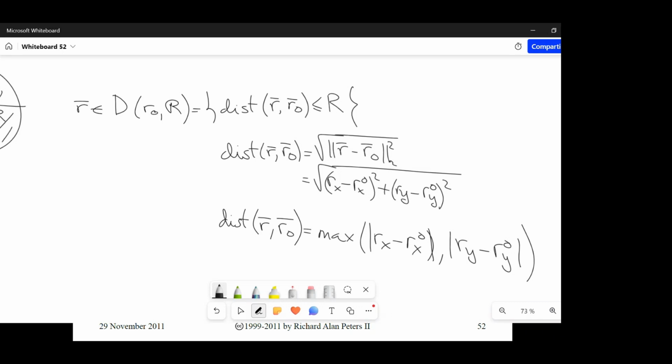And again, trying to look at the structures. So what do we have? What is the structure of this?